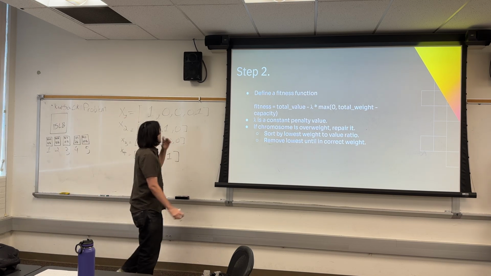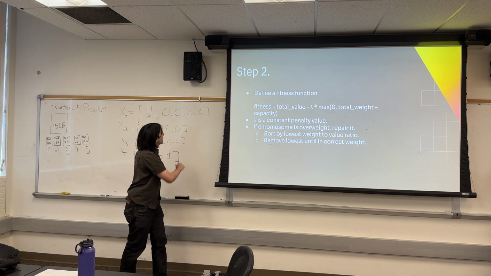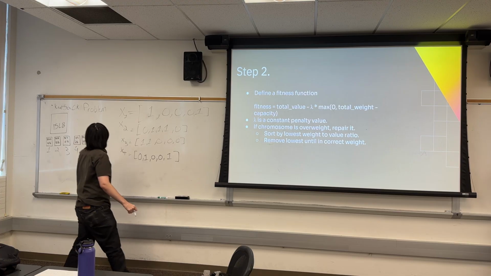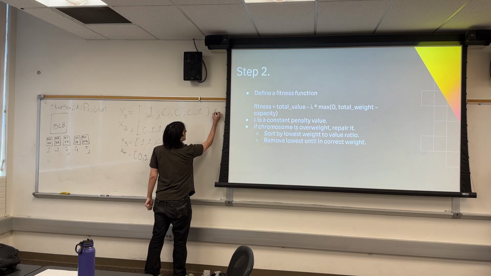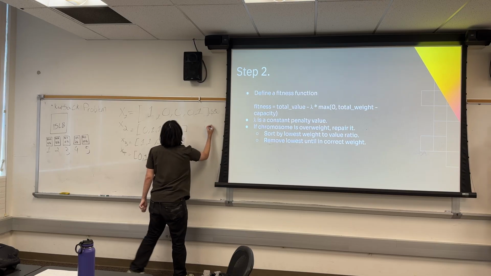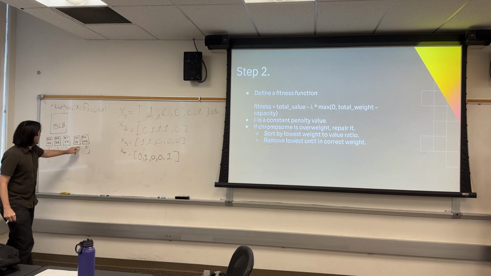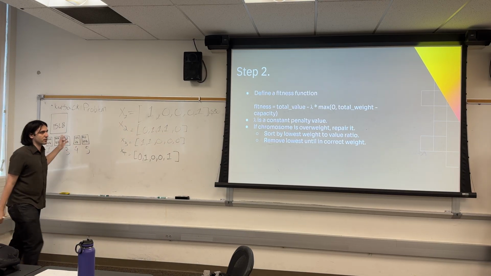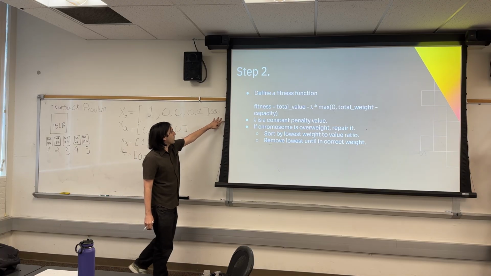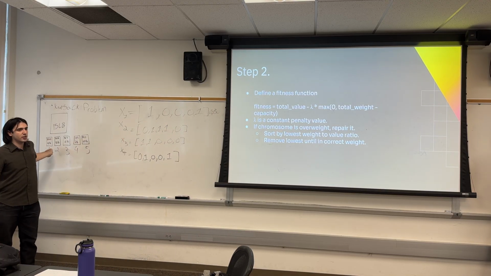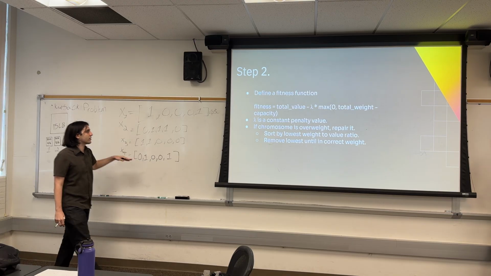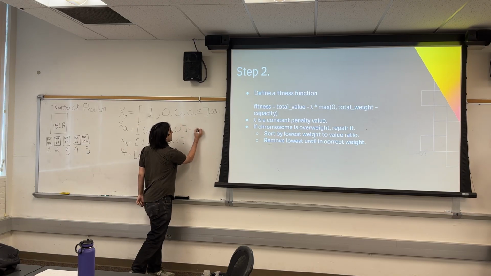So we look at this first one, we see the first item that's worth $20, the last item that's worth 10. Our value is $30. And we know that it's under 15 pounds, it's 14 pounds. If it was over that, then we'll take out the one with the smallest ratio of pounds to dollars.